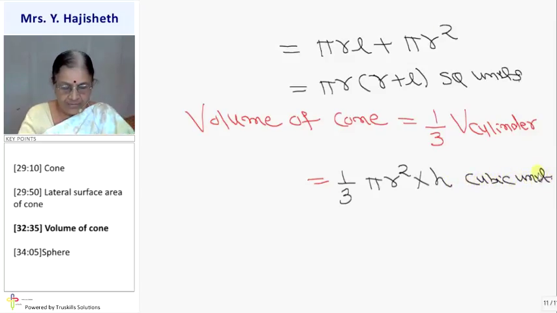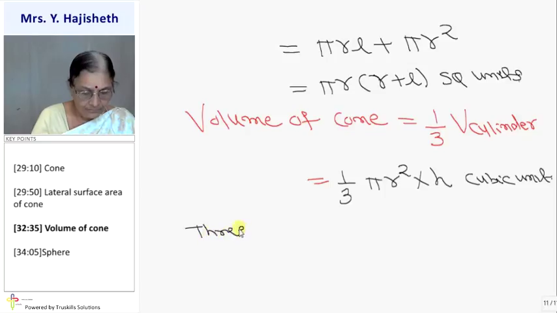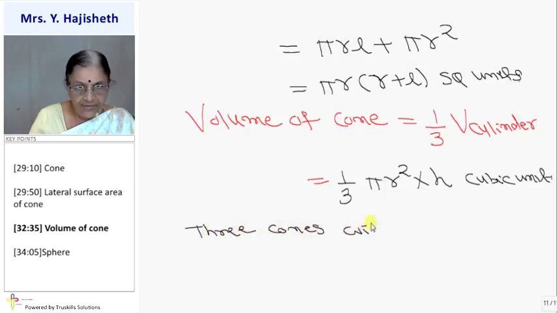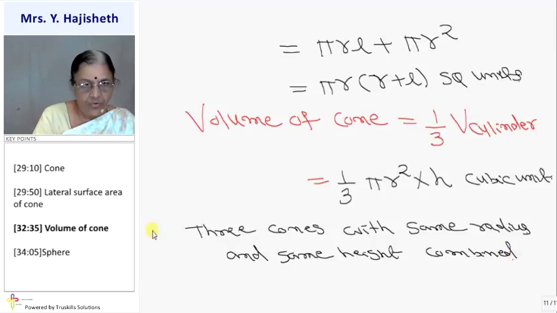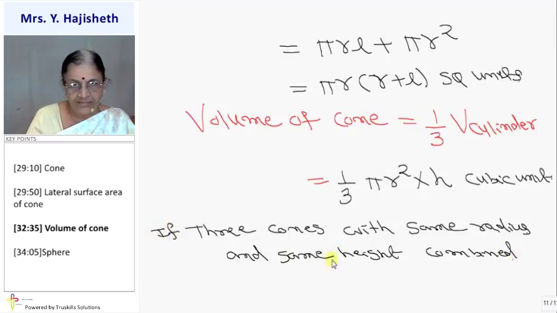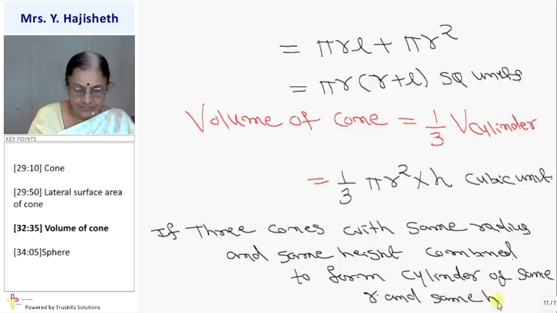So volume of cone is 1/3 times volume of cylinder because three cones of same radius and same height combine to form a cylinder of same radius and same height, clear?